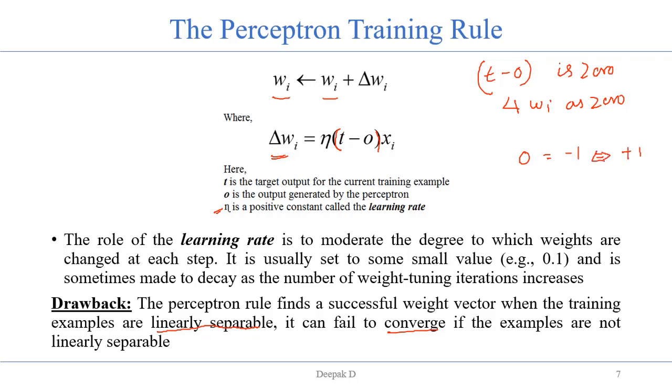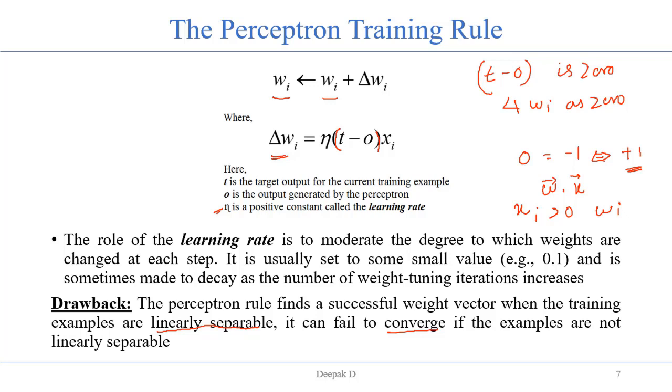To make the perceptron output +1 instead, the weights must be altered, that is, increased. For example, if xi is greater than 0, then increasing Wi will bring the perceptron closer to correctly classifying the example. On the other hand, if t = -1 and o = 1, then the weights associated with the input x will be decreased rather than increased.